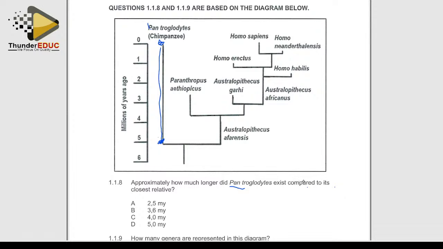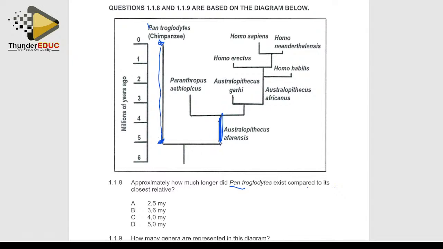They're saying compared to the closest relative. So who is the closest relative? If you look at it, this was the relative it had.